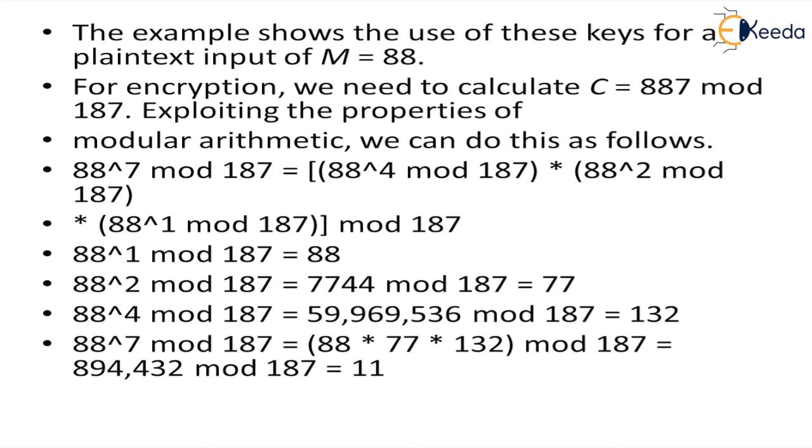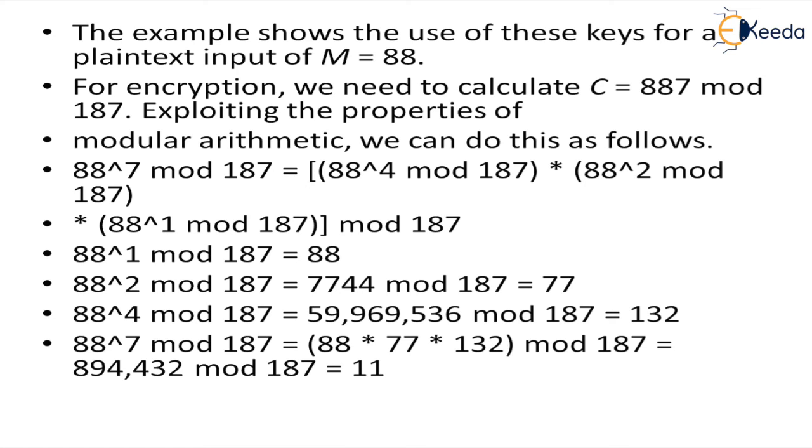This example shows the use of these keys for a plain text input of M is equal to 88, as we have seen in the block diagram. For encryption, we need to calculate C is equal to 88 raised to 7 mod 187. Exploiting the properties of modular arithmetic, we can do this as follows: 88 raised to 7 mod 187 is equal to 88 raised to 4 mod 187 times 88 raised to 2 mod 187 times 88 raised to 1 mod 187. 88 raised to 1 mod 187 gives 88. 88 raised to 2 mod 187 gives 7744 mod 187, which is equal to 77.